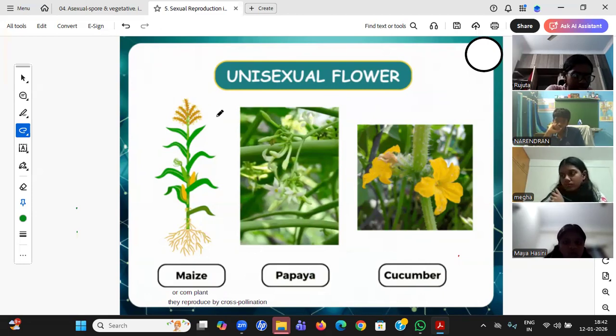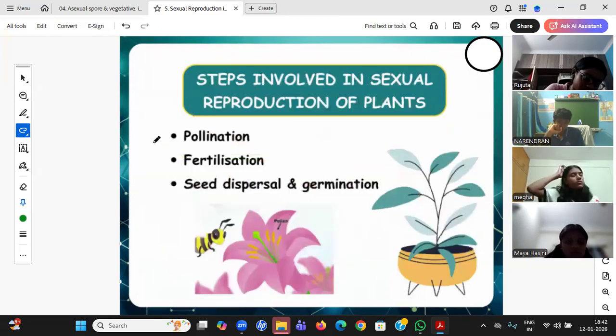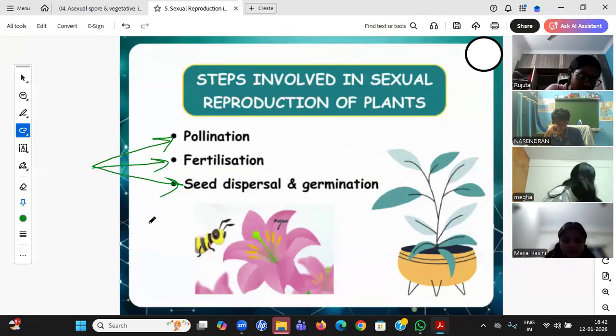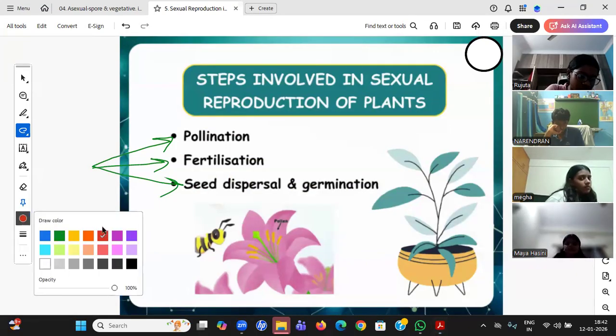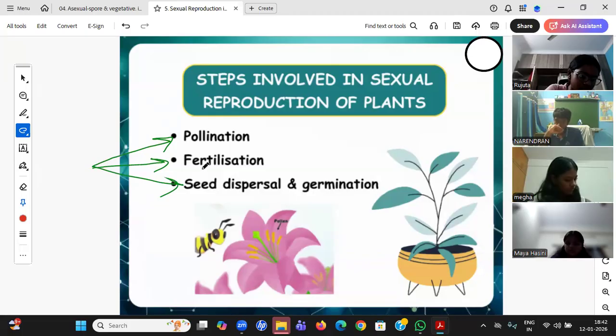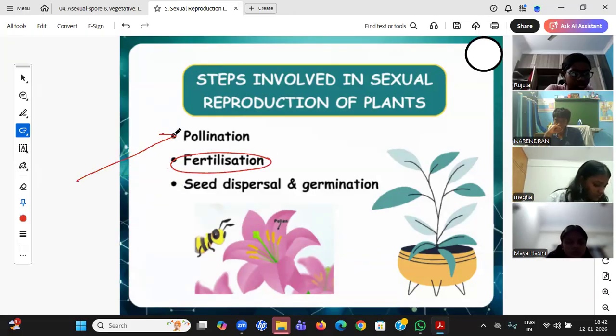Then how is the reproduction happening? So that is nothing but we need to learn these methods: pollination, fertilization, seed dispersal, and germination. Three steps we need to learn. So students, I am sure that we'll try to complete pollination and up to half of fertilization.